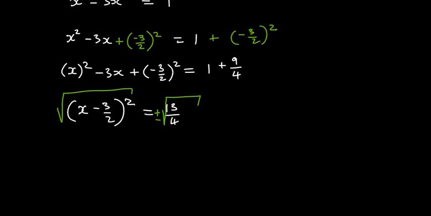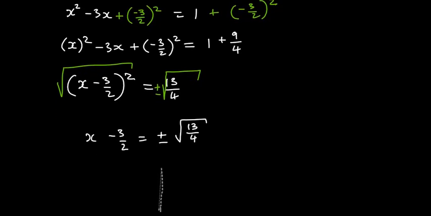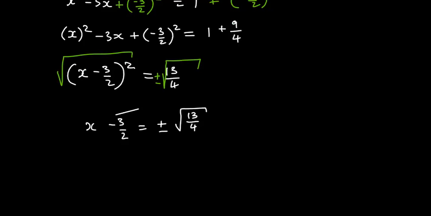Then I will be left with x minus 3 over 2 equals plus minus square root of 13 over 4. Then you take this to the other side, where it's obviously going to change into a positive. So x is going to be equal to 3 over 2 plus minus root of 13 over 4.